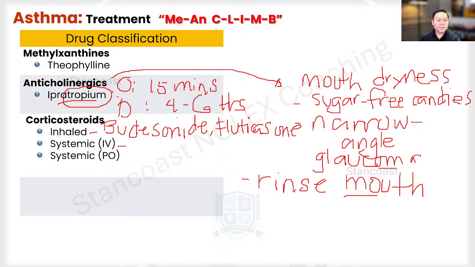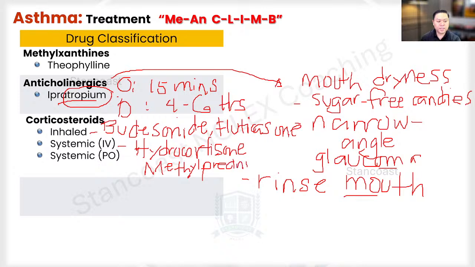Okay. And moving forward to the systemic corticosteroid, that's the IV. We're talking about the hydrocortisone. This is going to be given as IV. Hydrocortisone or the methylprednisolone. So these are the popular generics. Methylprednisolone.